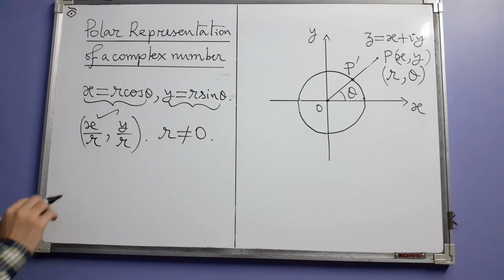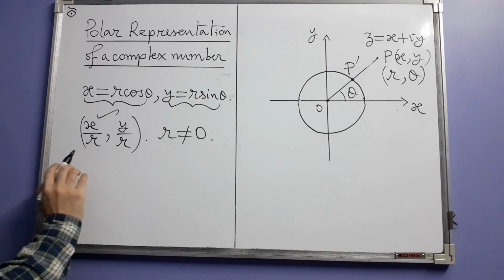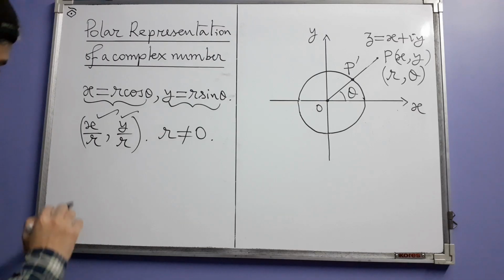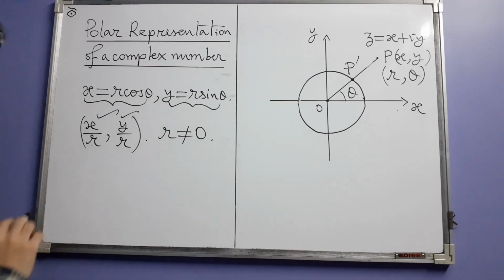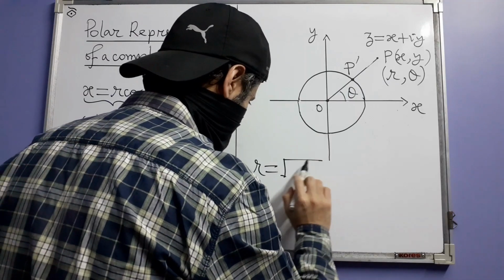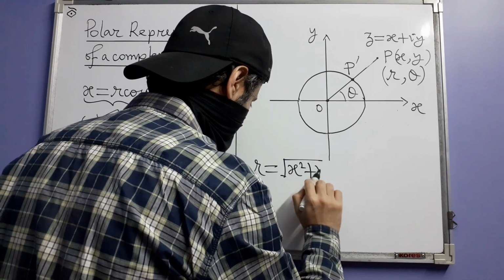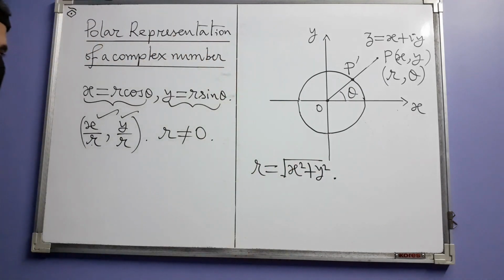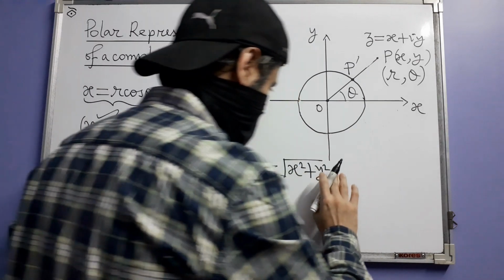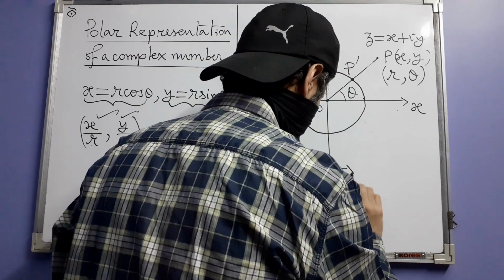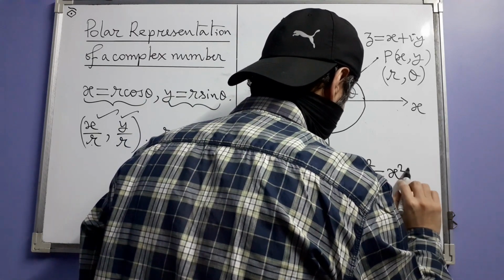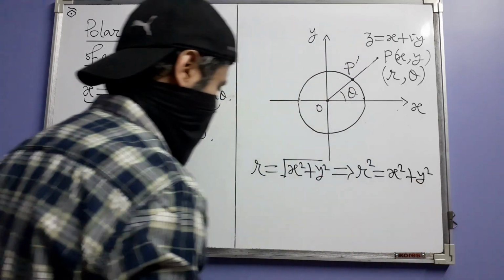However, what type of relation do these coordinates satisfy? If you remember what r is, so what is r square? I can show it here itself. r square is x square plus y square.